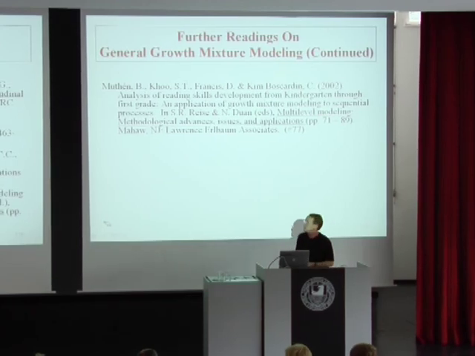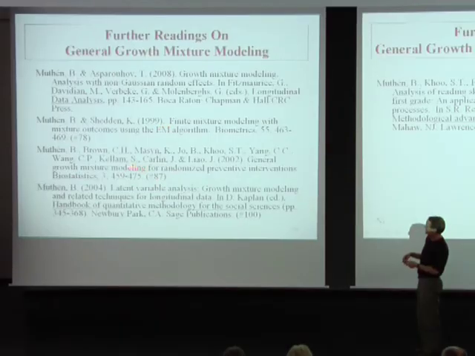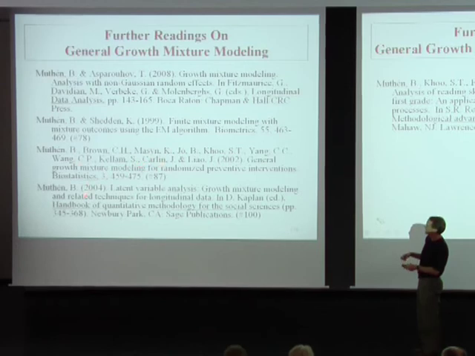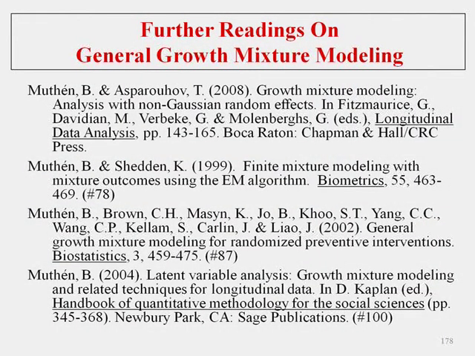And here you have the corresponding readings on growth mixture modeling. It really started with this Biometrics article in 1999. From my point of view, that's where I started. Here is the Biostatistics article. Here at the bottom of slide 178 is an early overview article in Kaplan's handbook.